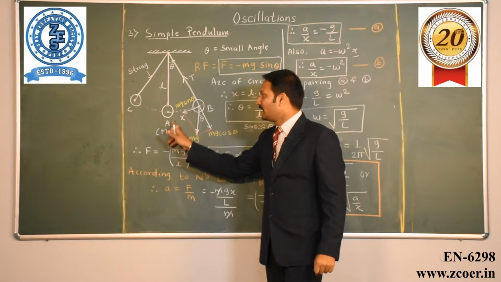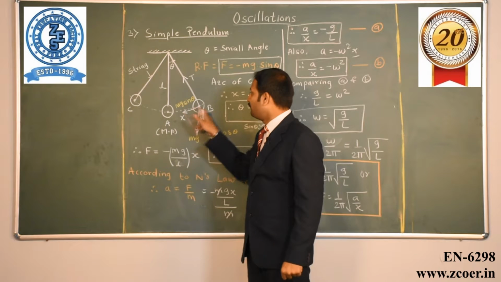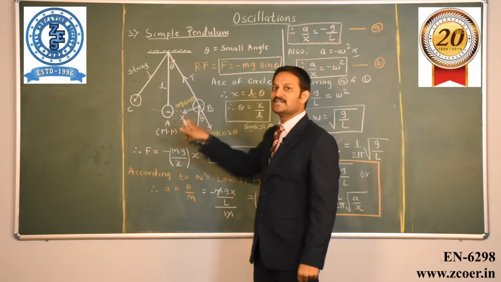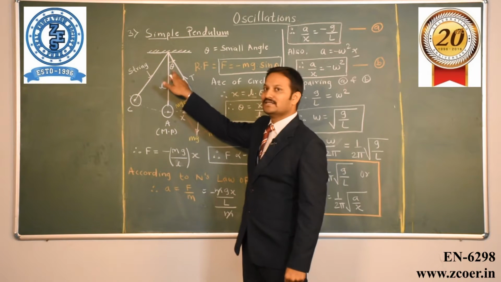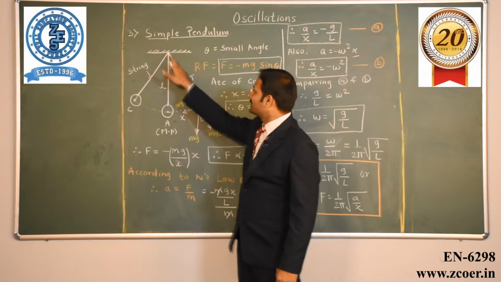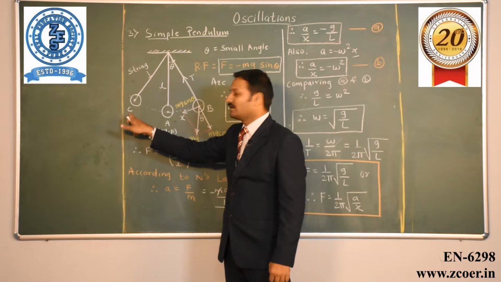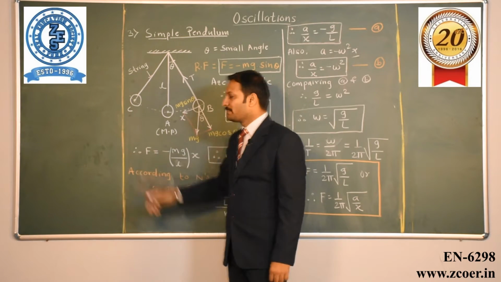Now, A is the mean position of that particular mass, B is the displaced position from its mean position in anticlockwise direction through an angle theta, T is the tension in the string, and the point C is another position of that particular bob.